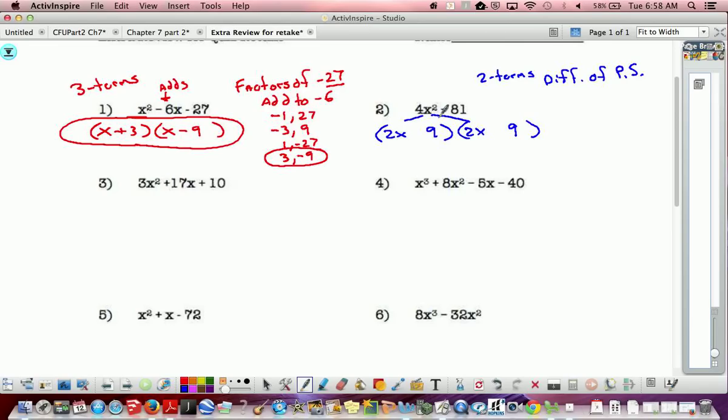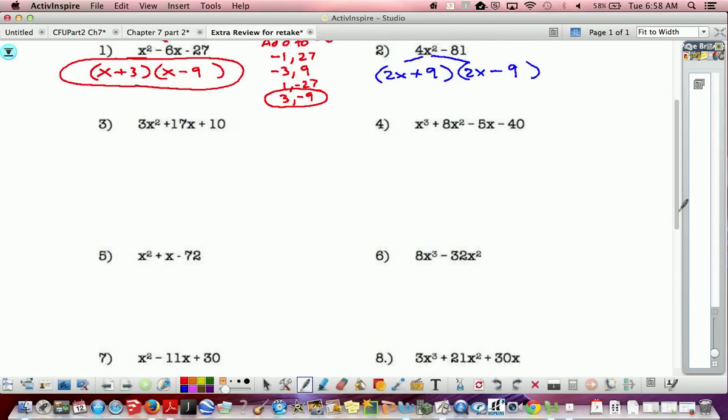Here we don't have any, so they have to be opposites of each other so that they cancel each other out. Because if you check the middles here, 18x, negative 18x, that adds up to 0. Hence why this one works. 4x squared and then minus 81, the middles cancel out.